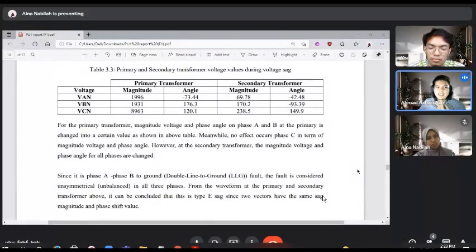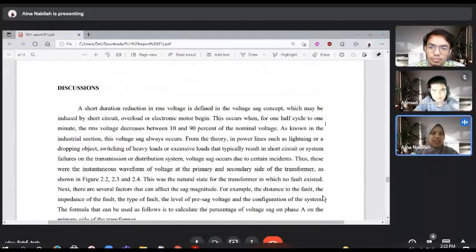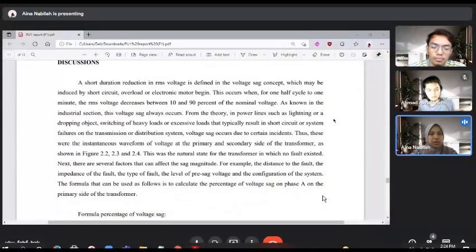Okay, next. As for discussion, a short duration reduction in RMS voltage is defined in the voltage sag concept, which may be induced by short circuit, overload, or electric motor starting. This occurs when, for half a cycle to 1 minute, the RMS value decreases between 10 and 90% of the nominal voltage.